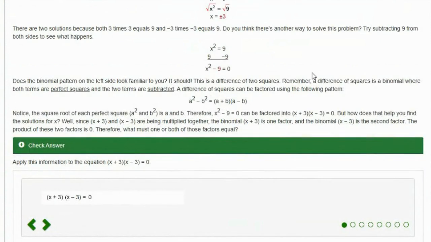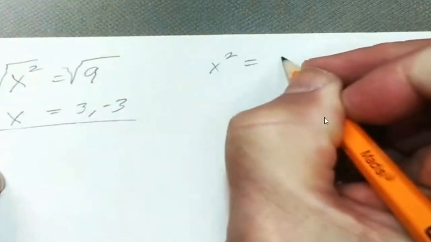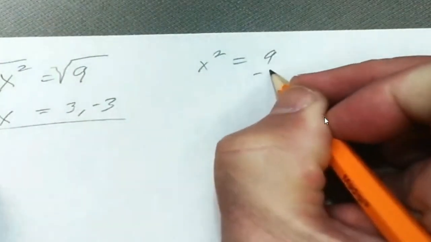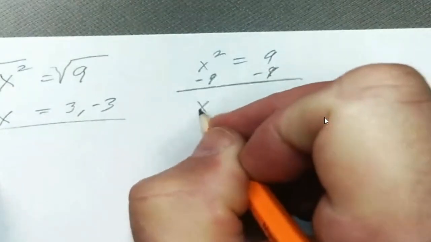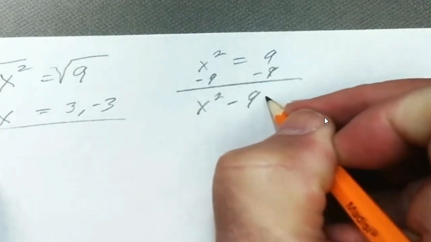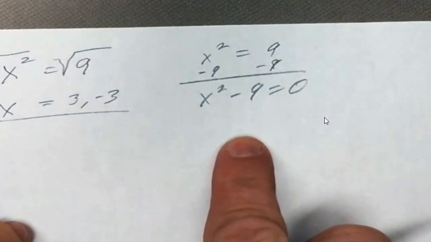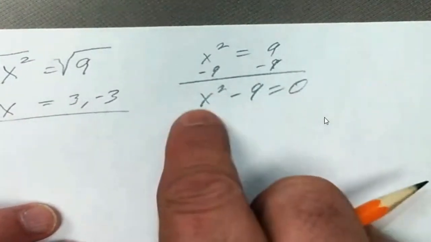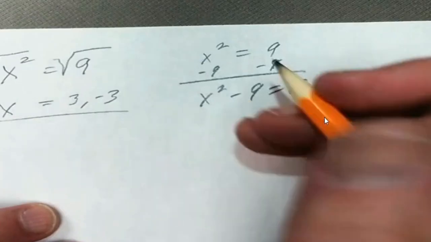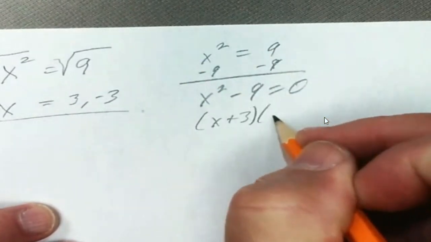What if we took the same equation and started out the same, and subtracted 9 from both sides? Now we've got x squared minus 9 equals 0. If we remember what we've looked at in this unit, this is a difference of squares, which means this factors to x plus 3, x minus 3.